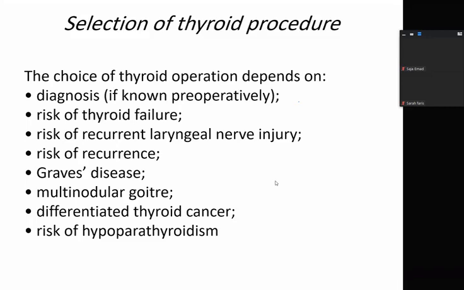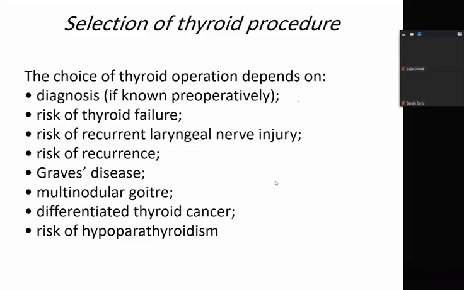والريكورنت ثايرويد سيرجري usually has more morbidity and mortality than the initial surgery. So, choice of operation depends on the diagnosis preoperatively, the risk of thyroid failure، يعني احنا نريد نبقي المريض العمر كله على ثايروكسين لو لا، risk of recurrent laryngeal nerve palsy، risk of recurrence، Graves disease، multinodular goiter، differentiated thyroid cancer، risk of hypoparathyroidism. من نقول differentiated thyroid cancer usually needs total thyroidectomy.